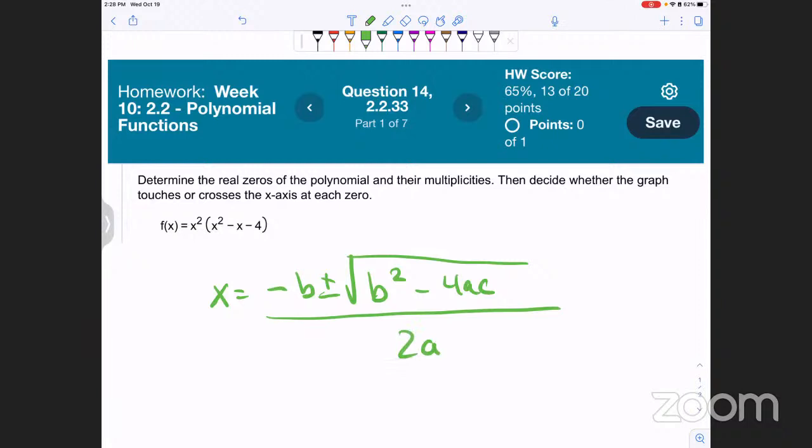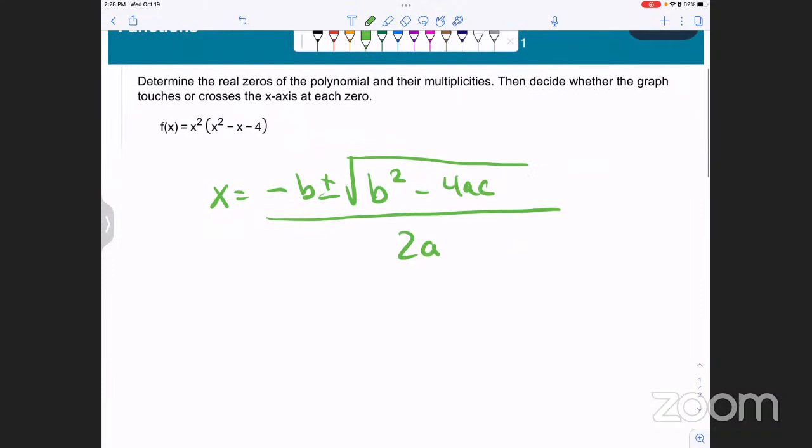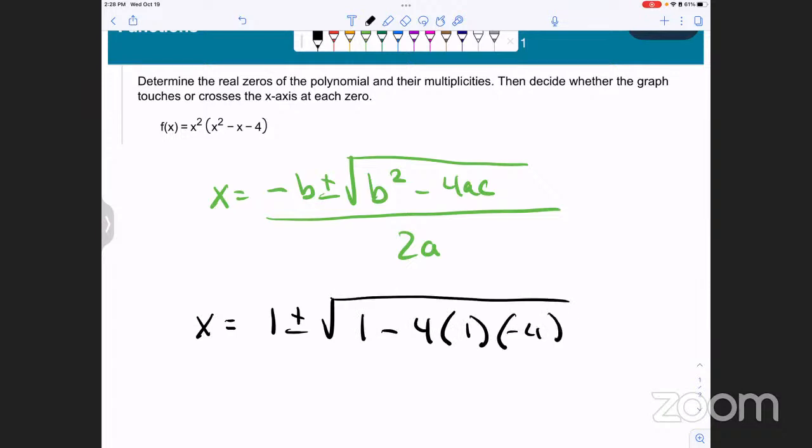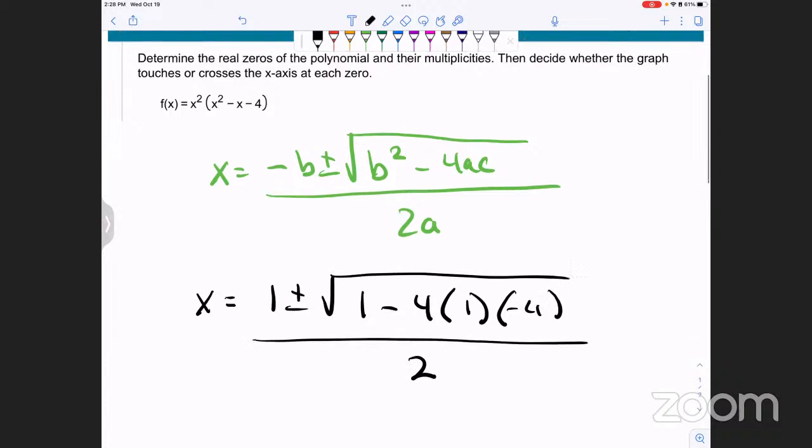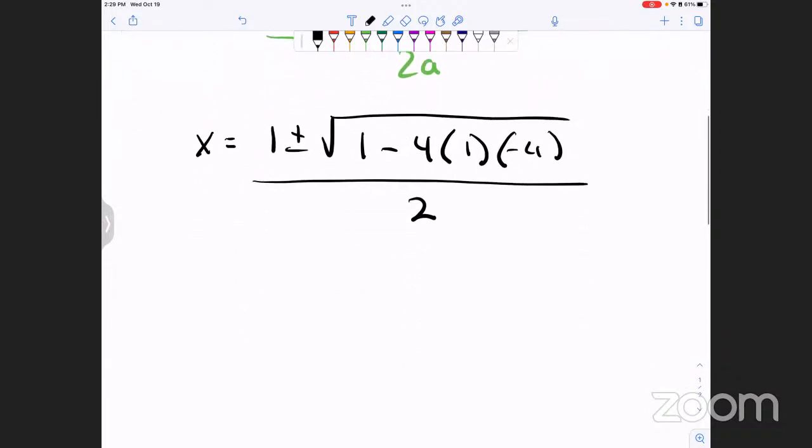Okay. So I just wanted to do the quadratic formula on that second factor. If I use the quadratic formula there, that's going to be 1 plus or minus the square root of 1 minus 4 times 1 times negative 4, all over 2. 1 plus or minus the square root of 16 plus 1, which is 17, over 2.